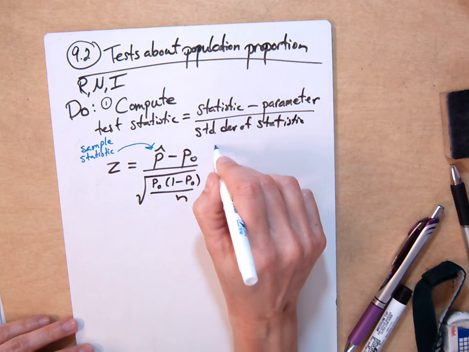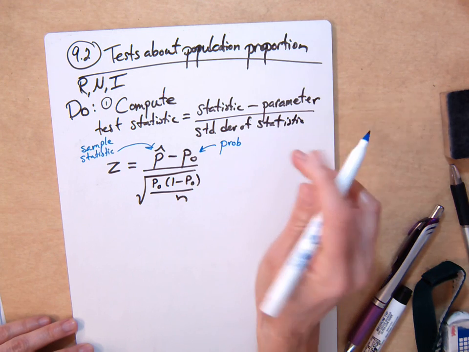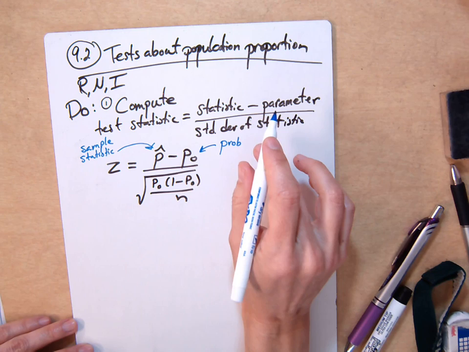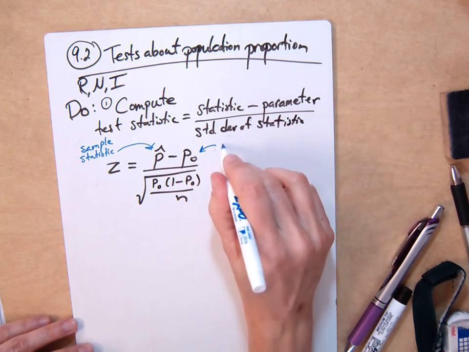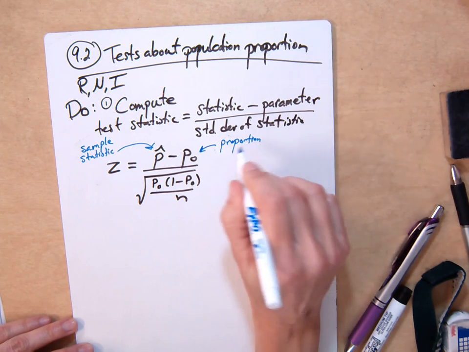This is the probability stated. P naught is the probability, proportion is what I want to say. Proportion stated in H naught.